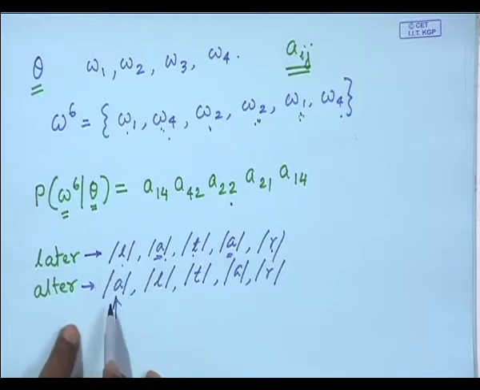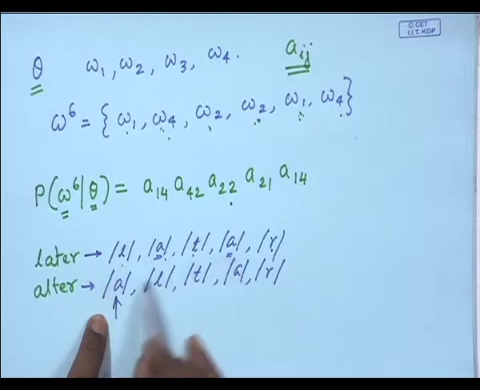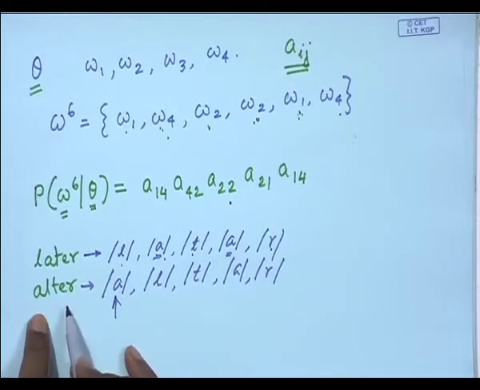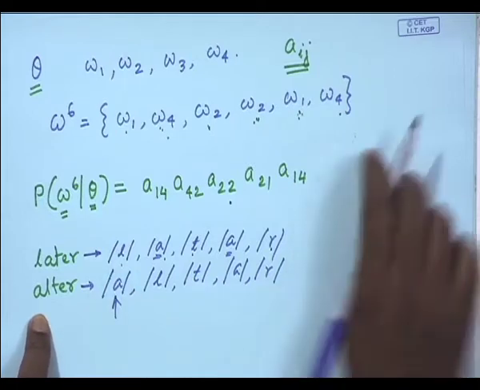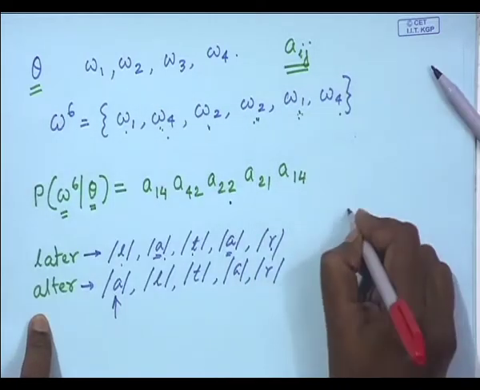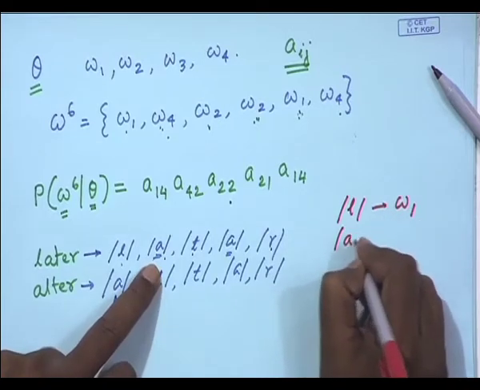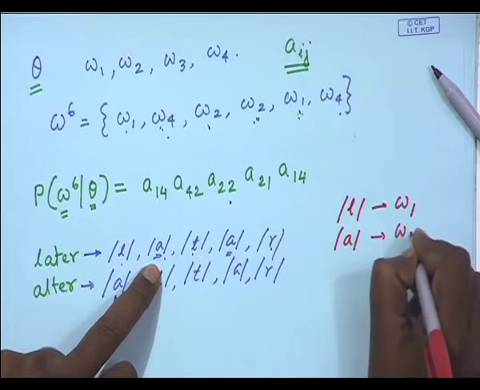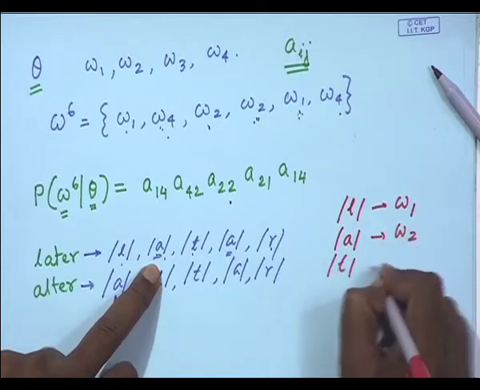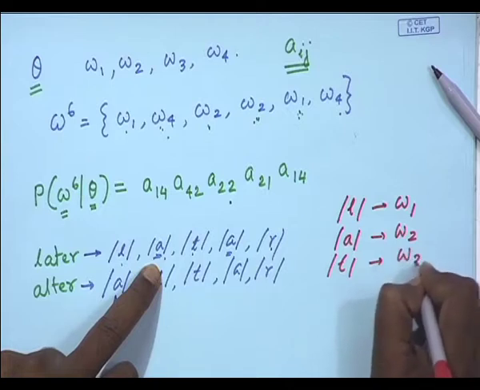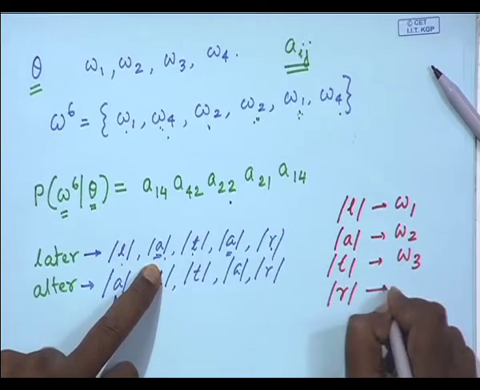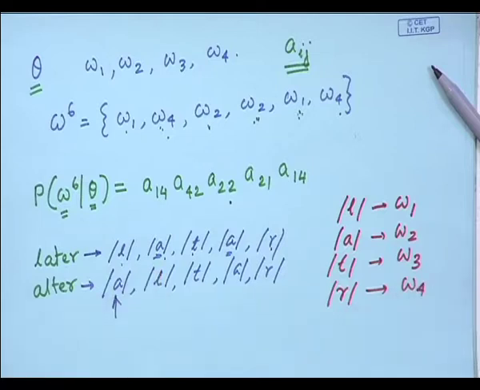Similarly, the same states, but occurring in a different sequence, will generate the spoken word alter. Let us say that the first phoneme, la, corresponds to state omega 1, a corresponds to state omega 2, ta corresponds to state omega 3, and ra corresponds to state omega 4.